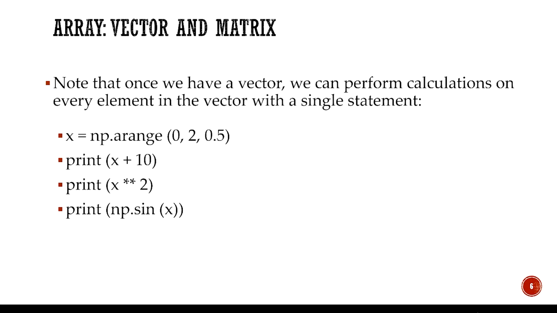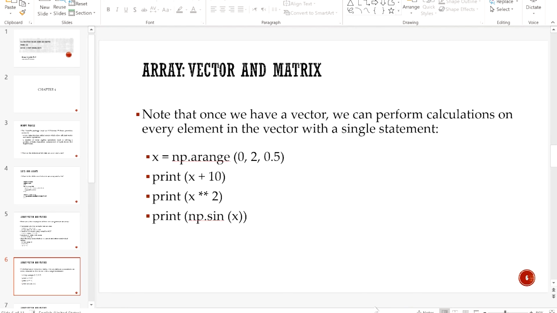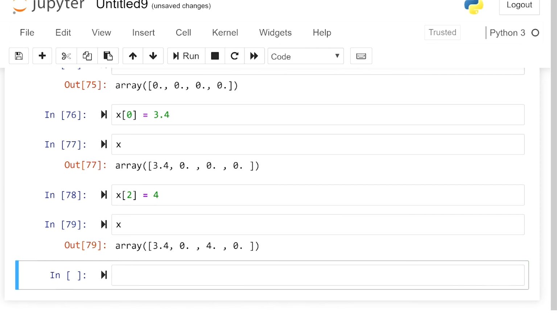And then we add 10 to all items. So we simply print x plus 10 or x raised to 2, or apply a function. Here we are calculating sign of x for all elements in x. So just with a single statement. If it was a list, we needed to write a for loop to go through all items in that list.